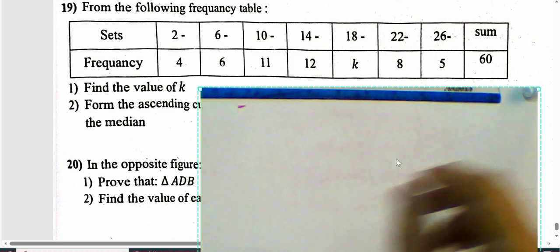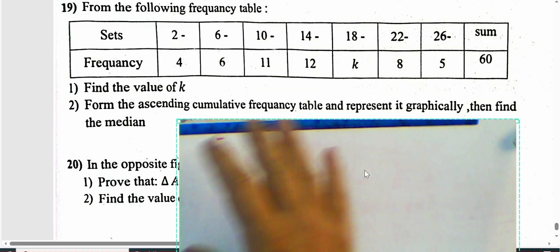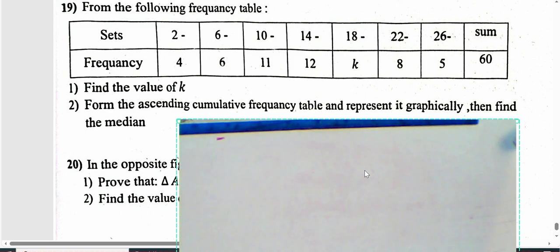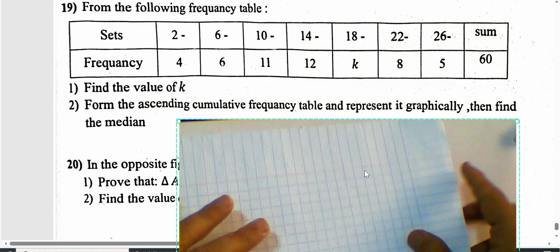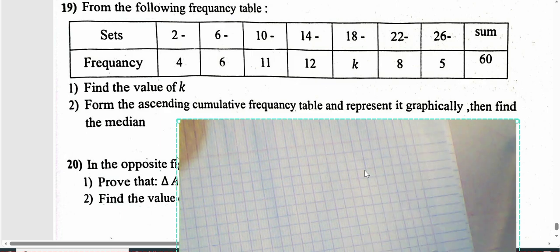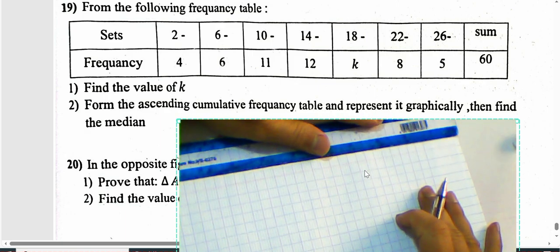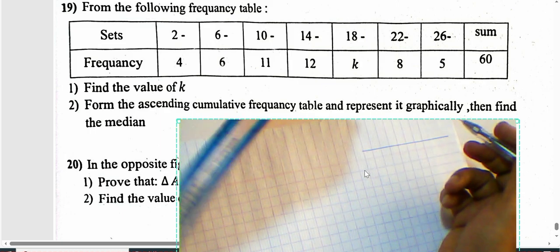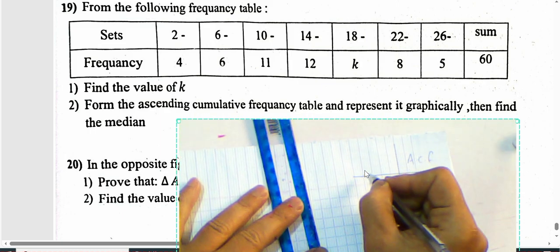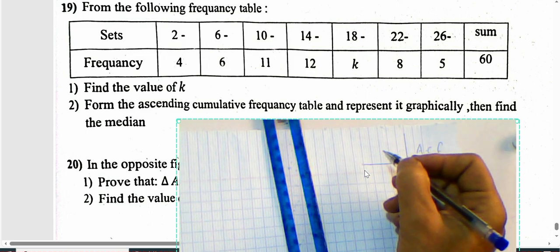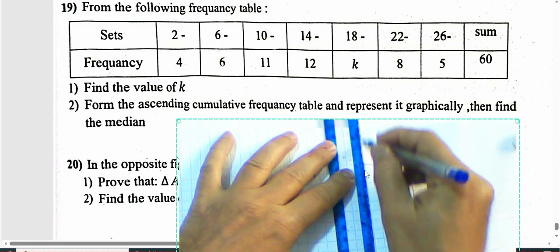Okay, now I will draw. You want to draw the ascending cumulative frequency table and represent it graphically. Look with me. I will draw here first. Okay, understood, my students? First, do here ascending cumulative frequency, and here we can write the lower limits or frequency.